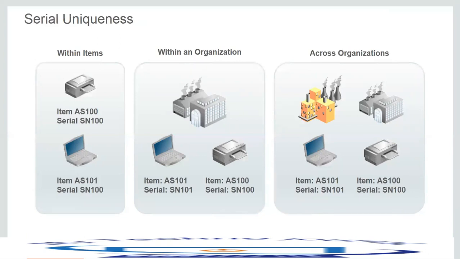Just to give an example, as you can see in this screenshot, if we assign a serial number SN100 to an item A, we cannot assign the same serial number SN100 to that particular item in any other inventory org or in any other subinventory as well.